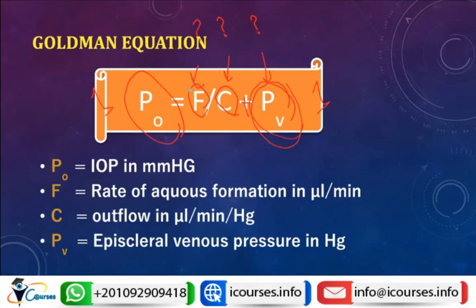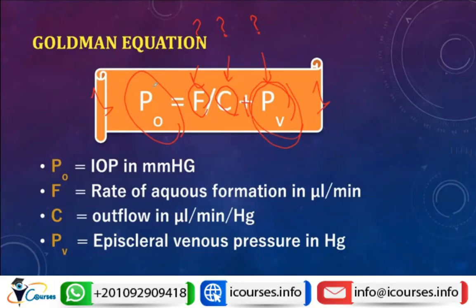The aqueous formation also doesn't have a tremendous role, but the facility of outflow will be the main governing factor for the intraocular pressure, because a slight decrease or increase in the resistance to the aqueous outflow will cause a big difference in the intraocular pressure. So remember that the outflow is the main factor that controls the intraocular pressure.